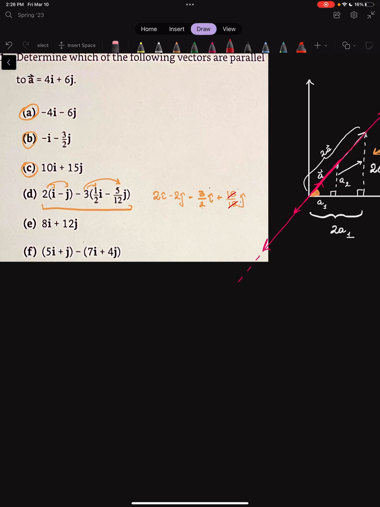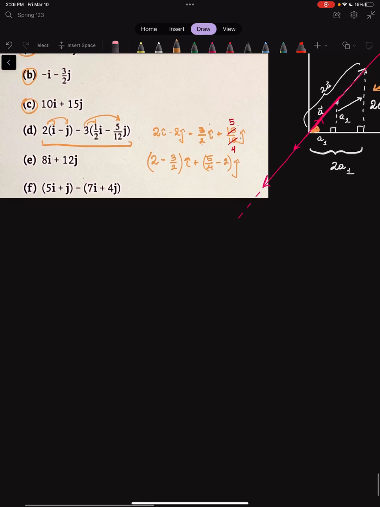These are both divisible by 3, so this would be a 5 and this would be a 4. So now we can add 2 minus 3 halves together for the i hat, and then we can add 5 fourths minus 2 for the j hat.